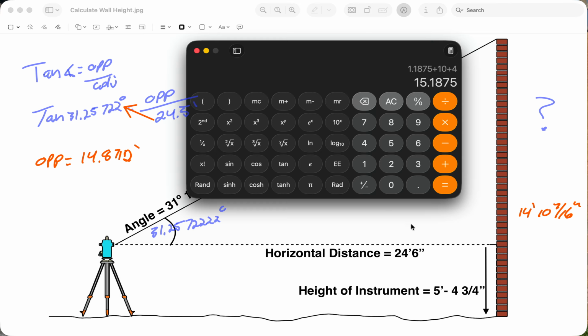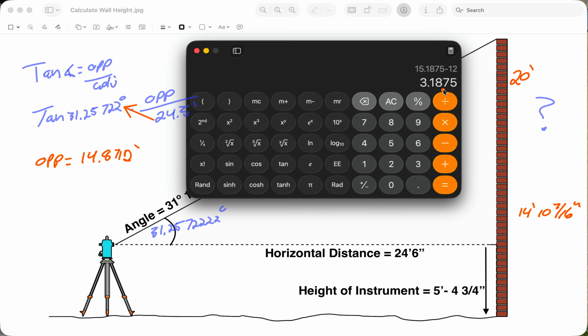Well, 15 is 12 inches plus 3. It's 1 foot 3. So what we're going to do is add on our feet together. 14 plus 5 is 19 plus an extra 1, so it's going to be 20 feet. And what's remaining is 3.